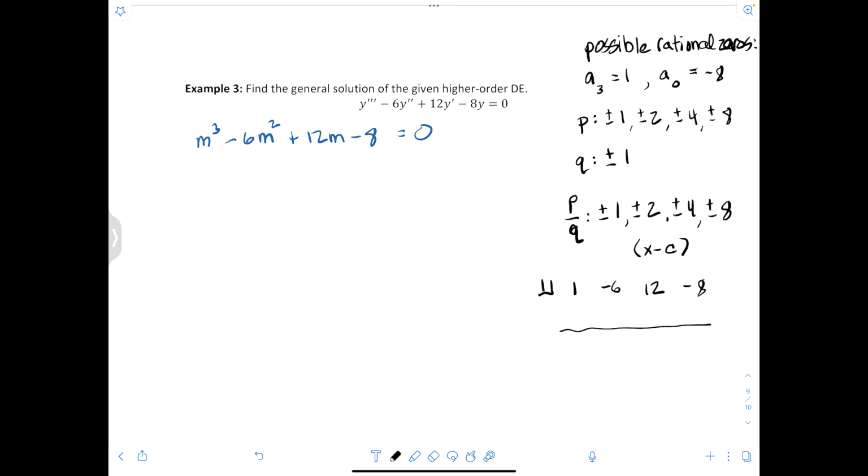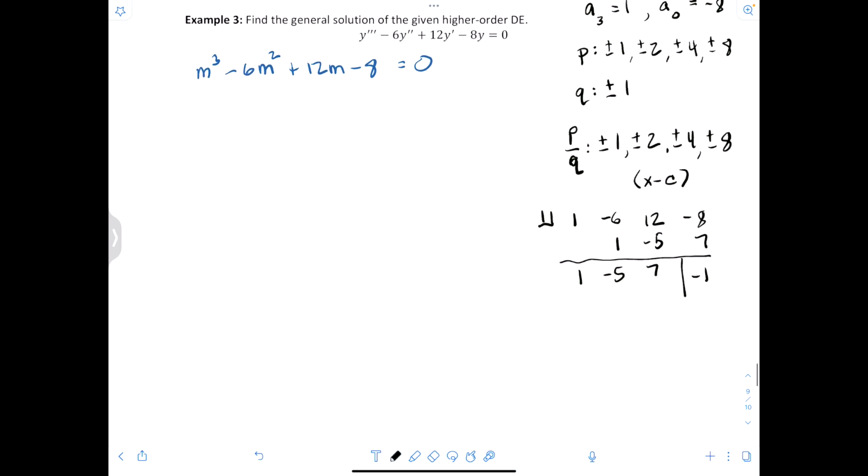The first term drops down automatically. 1 times 1 is 1. Negative 6 plus 1 is negative 5. And you just keep going. So we would get positive 7 here. 7 times 1 is 7. Now this represents the remainder. This is not going to equal 0, so c equal to 1 is not a factor.